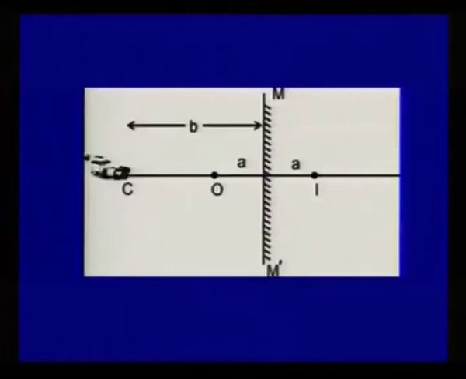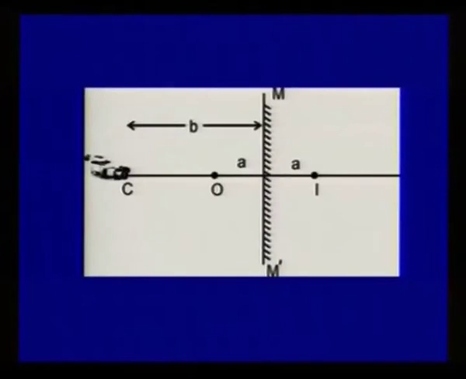In response to your question, we can see this diagram. Here there is object O, whose image is formed as I, and the distance of the object from the mirror is A. The image is at the same distance from the mirror, and we have placed a camera C, which is at a distance of B.